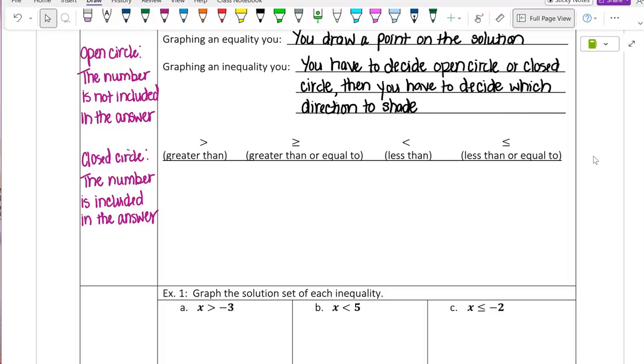So for greater than, which I'm showing you the symbols there, some words or phrases: more than, exceeds, larger than. These are all words or phrases that tell us we would just be using our greater than symbol.